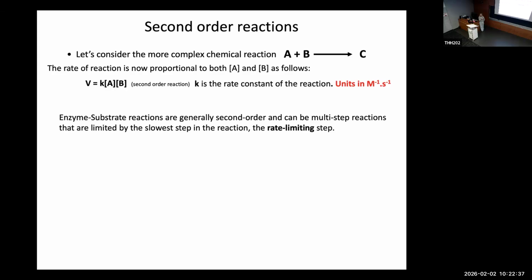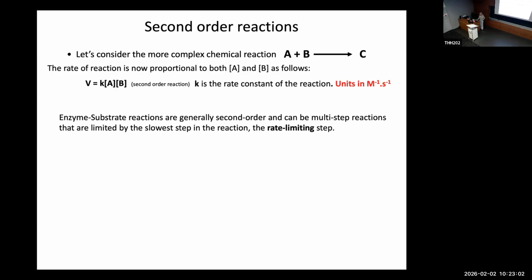Which makes sense, I think, because if we have very little A, but a lot of B, then we're limited by how much A we have. So that's going to slow down the reaction. If A is close to 0 in terms of concentration, the velocity is going to be very slow because that's limited. So the velocity is going to be related to both of those concentrations.